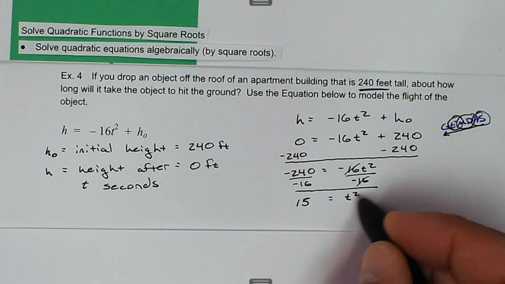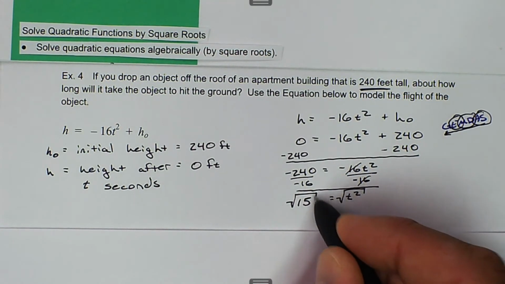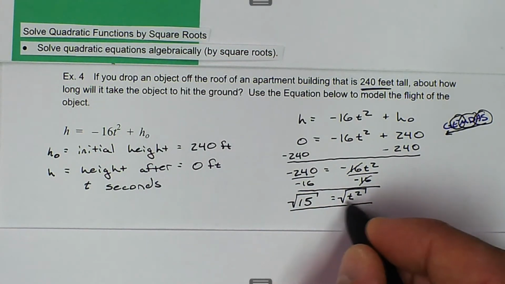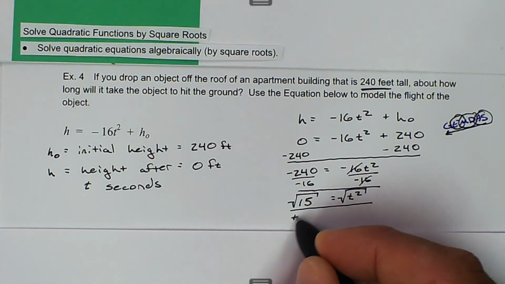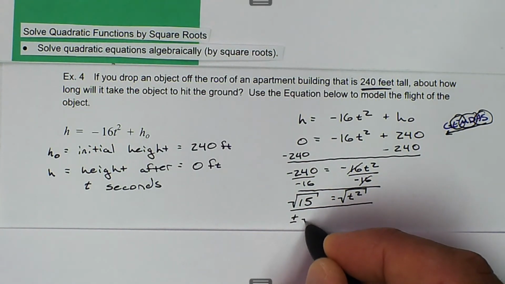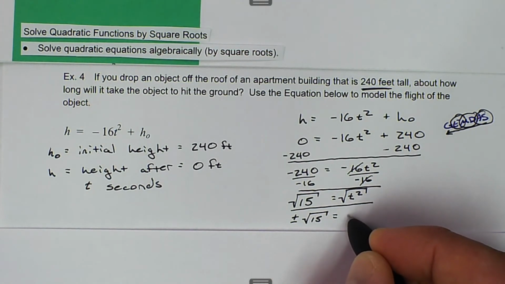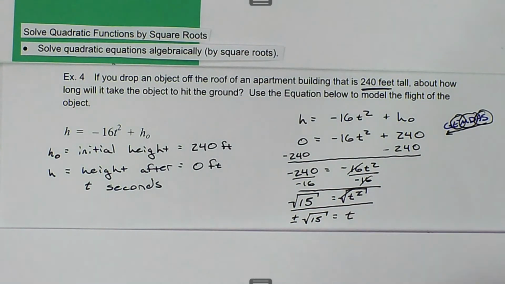So in order to get rid of this t squared, we have to take the square root of both sides of the equation. Anytime we take the square root when solving, we have to do plus or minus the square root of 15. And that is equal to t, because our root cancels our squared. So we have plus or minus the square root of 15 equals t.